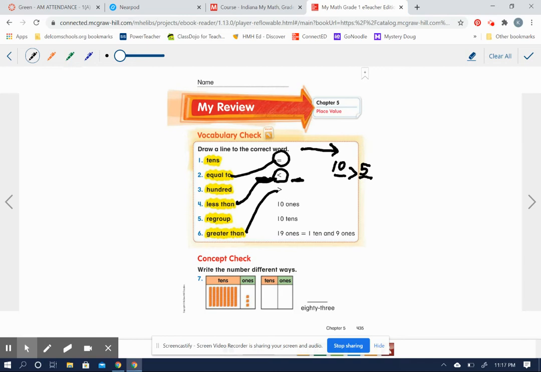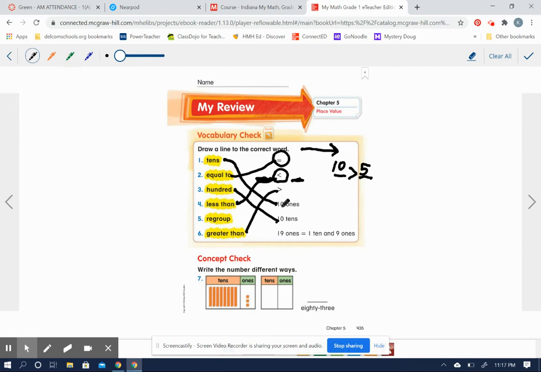You think 10 ones, does that look like regroup? I don't think so either. Okay, 10 ones would be the same as 10. So I'm thinking that this one would be a match here. 10 tens, well, if you counted 10 times, that would be 100, wouldn't it?